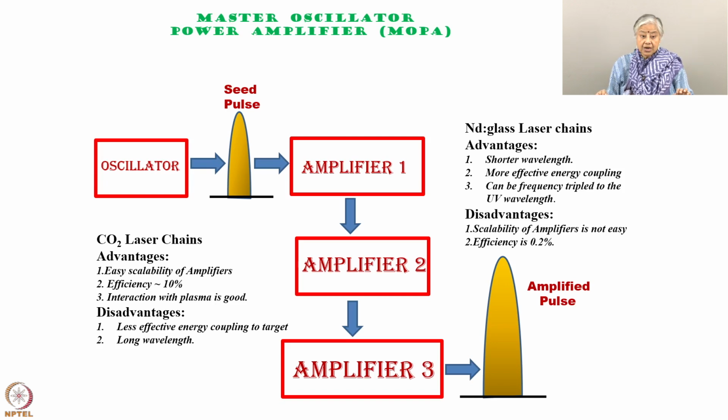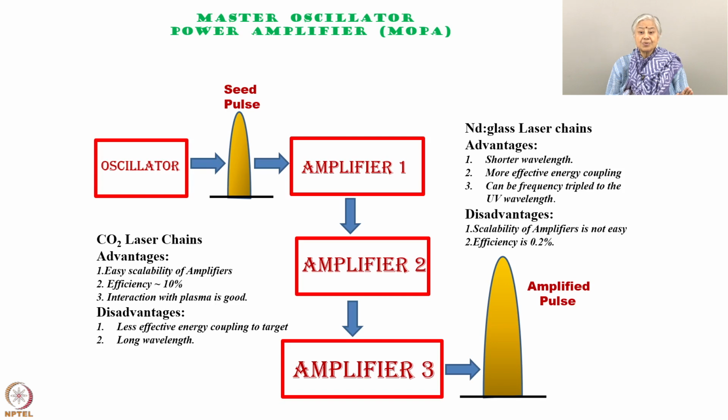Now, the carbon dioxide laser chain has certain advantages. Nd glass also has certain advantages. Finally, for the ICF process, the inertial confinement fusion process, the Nd glass laser chain has become more popular, it has a lot of advantages, and that has become the popular laser chain to go for.